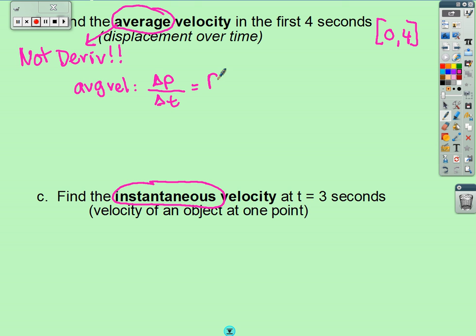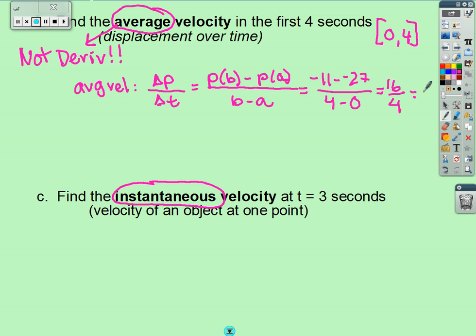So that's going to be the position at the end minus the position at the beginning over b minus a, the change in time. So we already found these values. We said it was negative 11 minus negative 27 over 4 minus 0. And we do the math, and that's 16 over 4, which is 4.